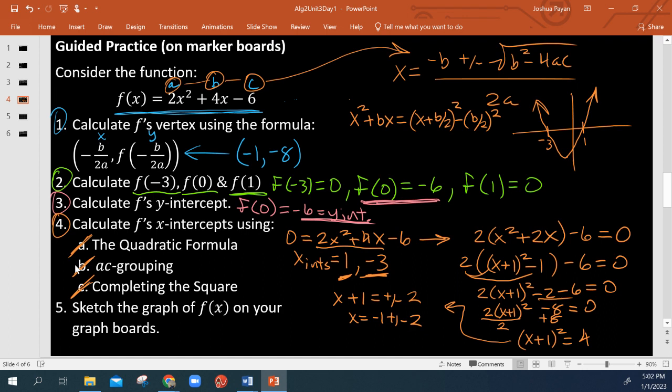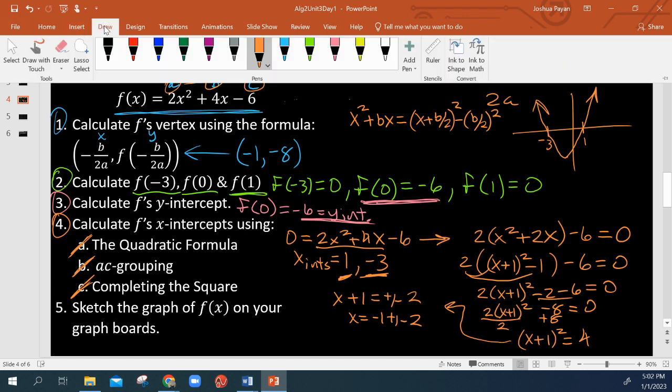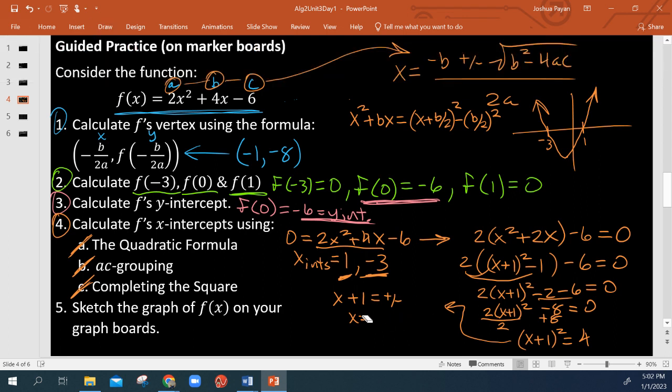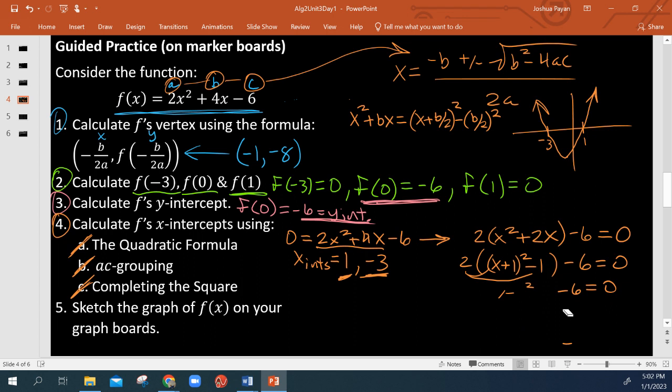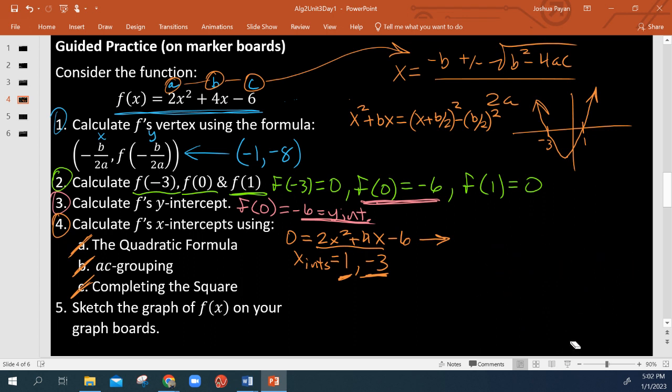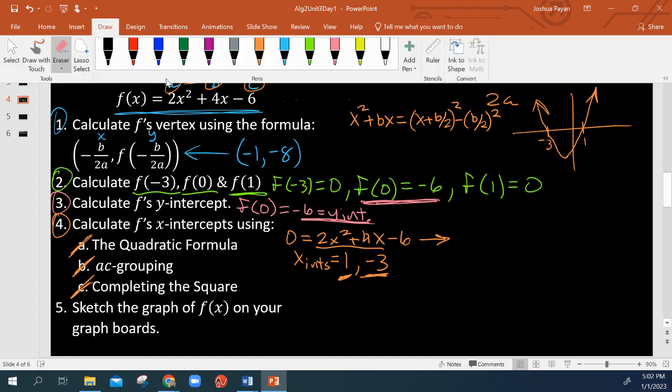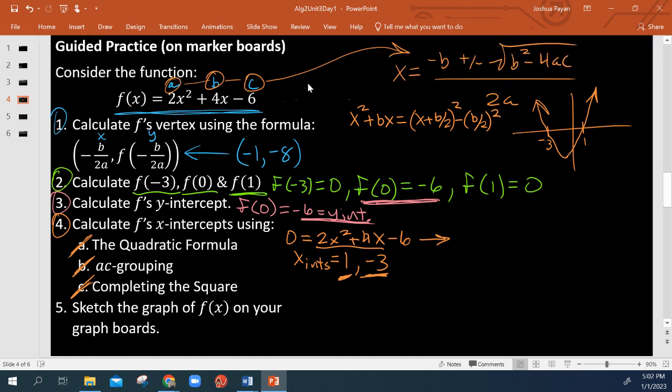Okay, so we found our x-intercepts using 3 different methods. And then now all we have left to do is sketching our graph. So we have all of our key points now. What we need to focus on is the key points.